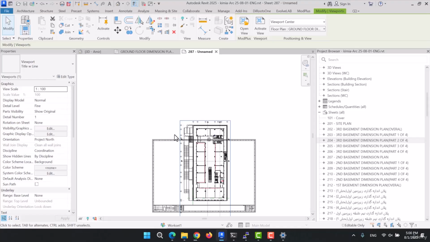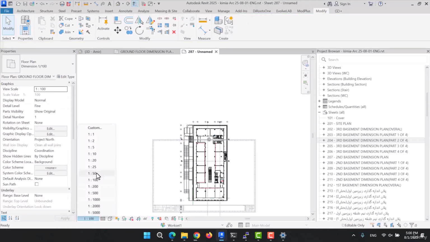Right now I have to calculate the scale that this plan was supposed to have. Let me check to see if the scale is correct. The scale was supposed to be 1 to 50 in our plan, but now the scale of this plan is 1 to 100, so I have to change the scale and put it on 1 to 50.